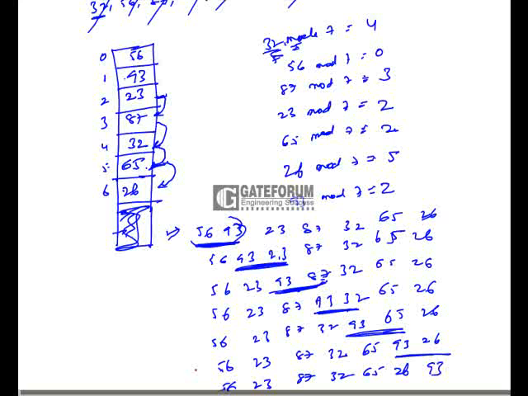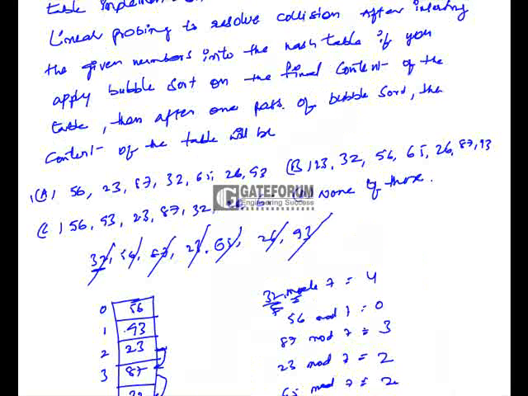So this is the order of the elements after the first pass of the bubble sort. If you see the options, 56, 23, 87, 32, 65, 26 and 93, your correct option is option A.